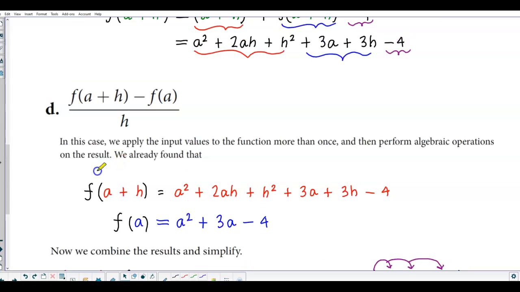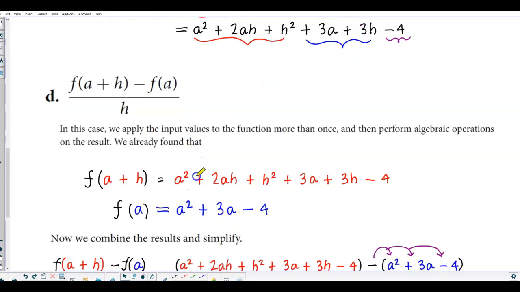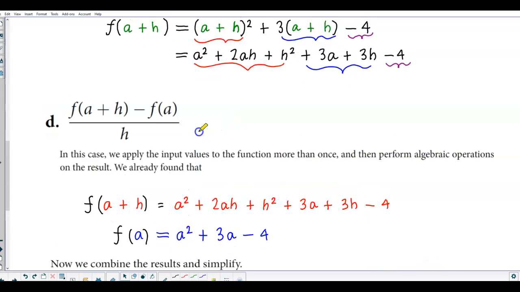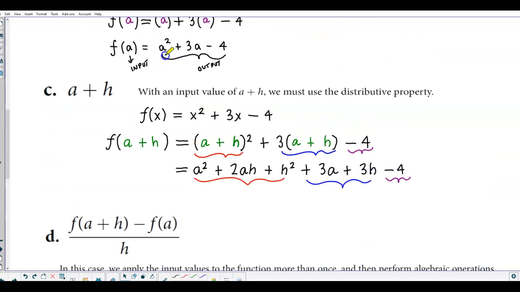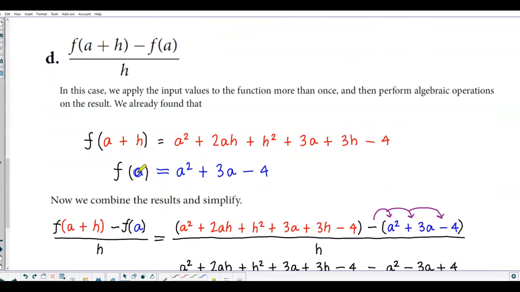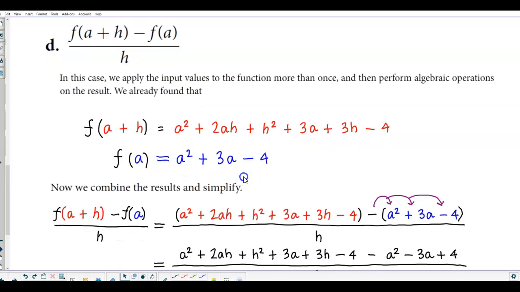So we have already found that f of a plus h gave us the following up here. The output is a squared plus 2ah plus h squared plus 3a plus 3h minus 4. And then we also found f of a in the previous example. And f of a, when a is the input, is a squared plus 3a minus 4.